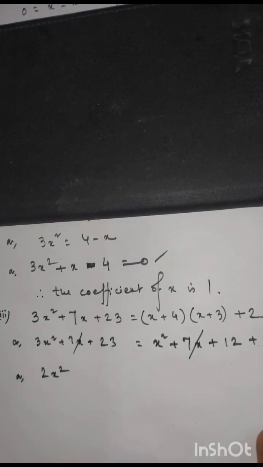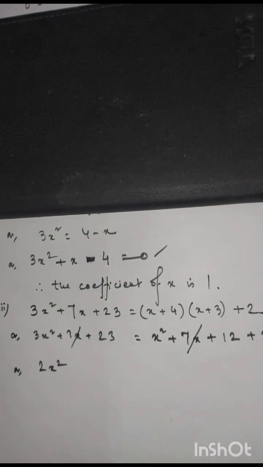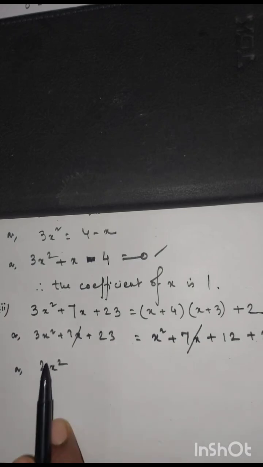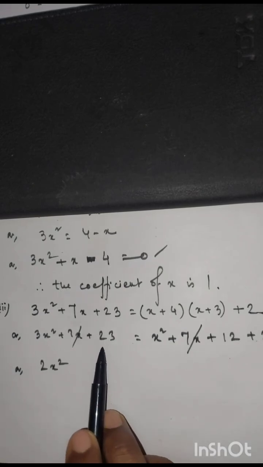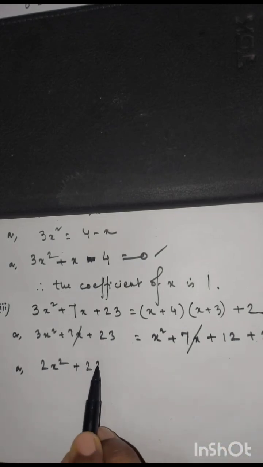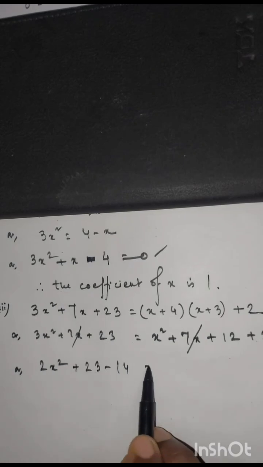Okay, because we know same quantities with same sign, if we see on both sides of an equation, we can cancel them out. 2x square, so 23 and 14, so it becomes 23 minus 14 equal to 0.